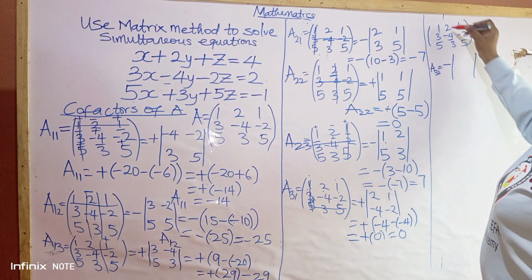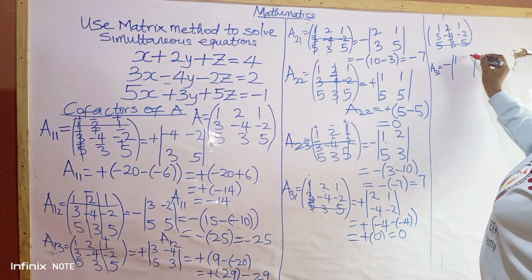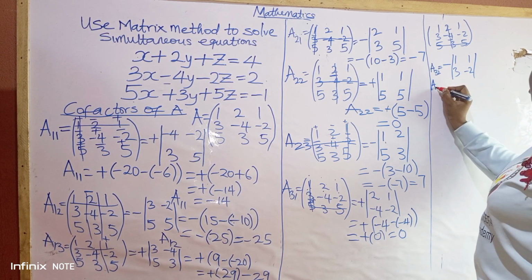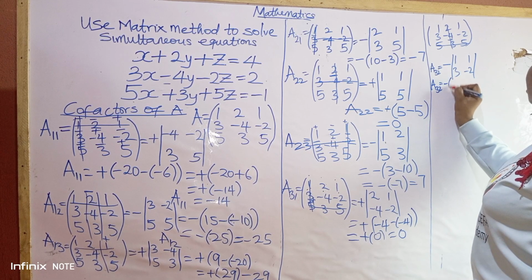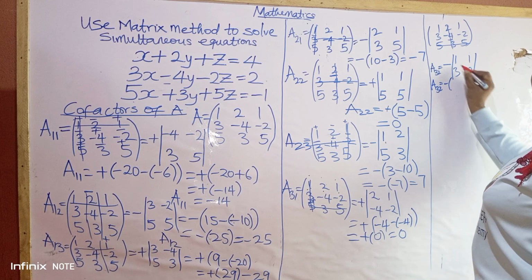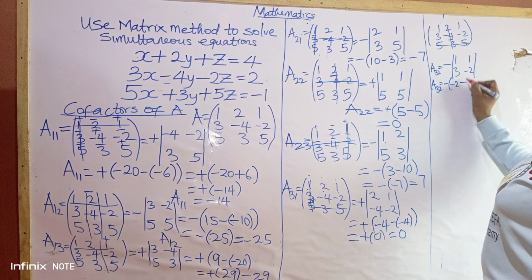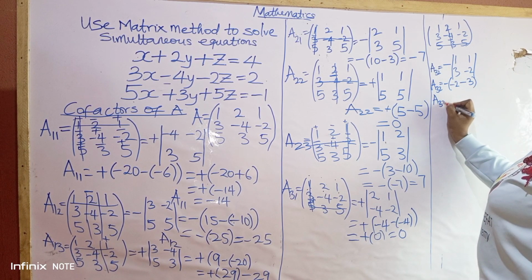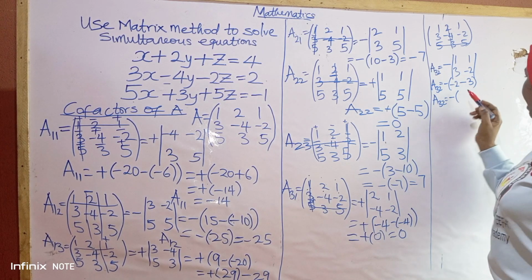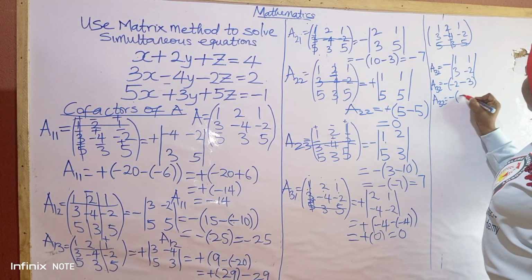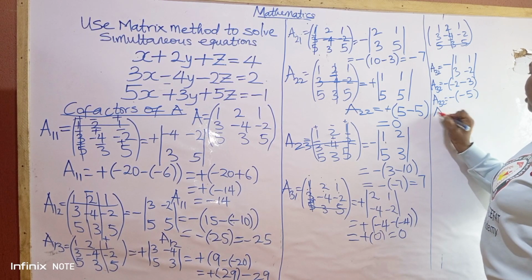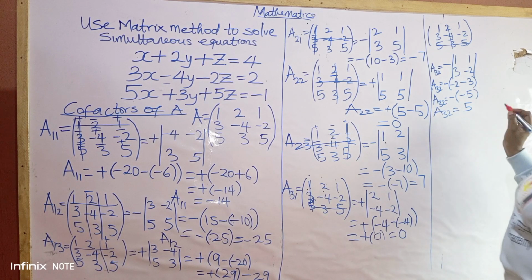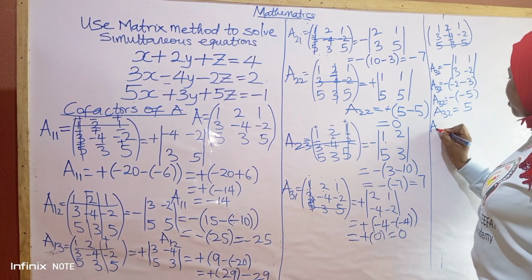Minus, so you cover it like this, you cover it like this. So we have 1, 1, 3, minus 2. So A32 is equal to minus into brackets: 1 multiplied by minus 2, then minus 3 multiplied by 1, 3. So A32 is equal to minus into brackets minus 2 minus 3, that is minus 5. So A32 is equal to minus multiplied by minus 5. That's plus 5.